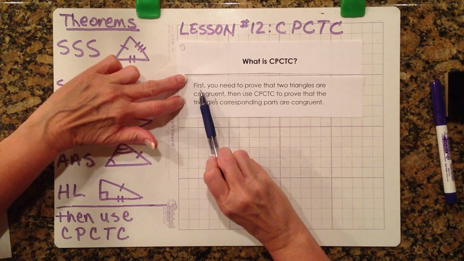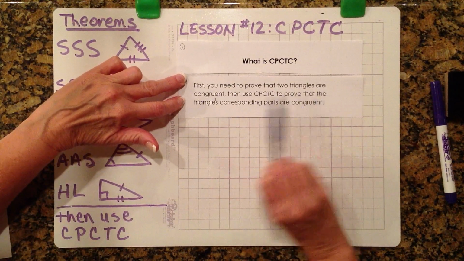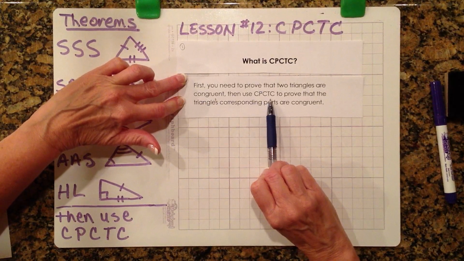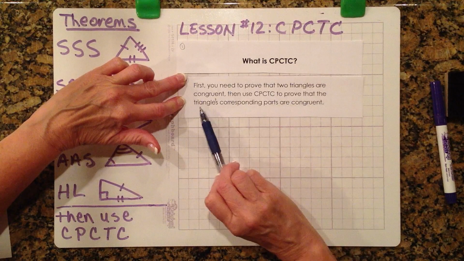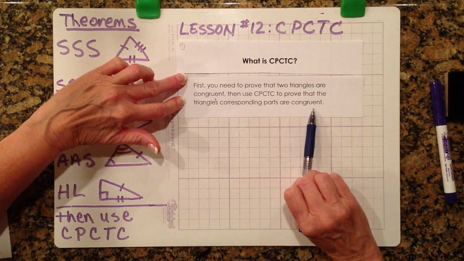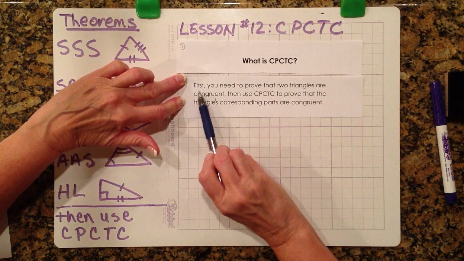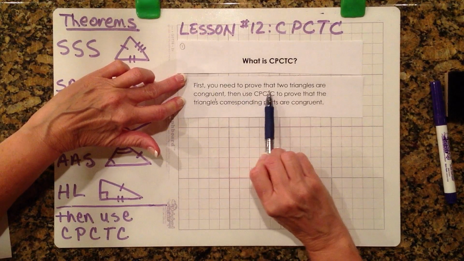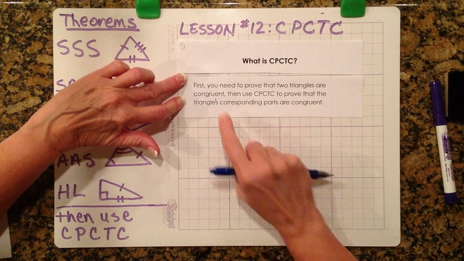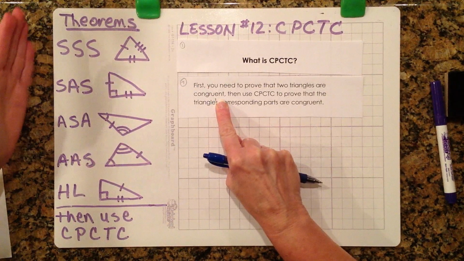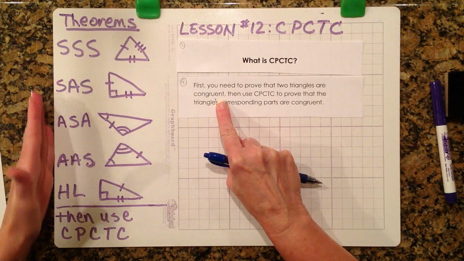First, you need to prove that 2 triangles are congruent. Then you're going to use CPCTC to prove that the triangles' corresponding parts are congruent. Let me go over that again. First, you need to prove that 2 triangles are congruent. I can prove that through one of these 5 theorems.